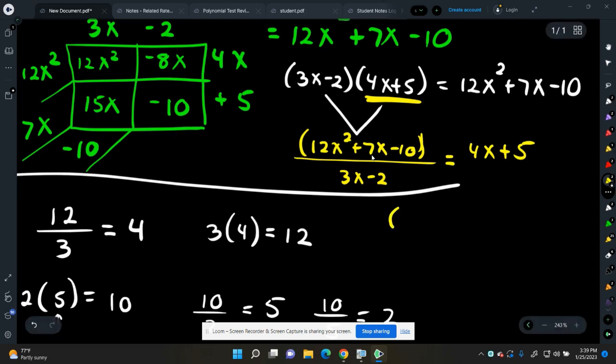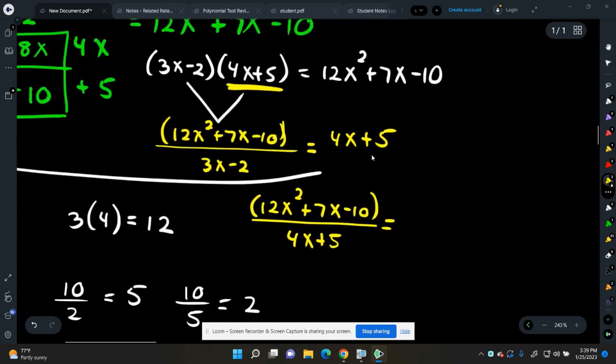What if I took 12x squared plus 7x minus 10 and I divide it by 4x plus 5? What would that equal? Yeah, that's going to equal 3x minus 2.